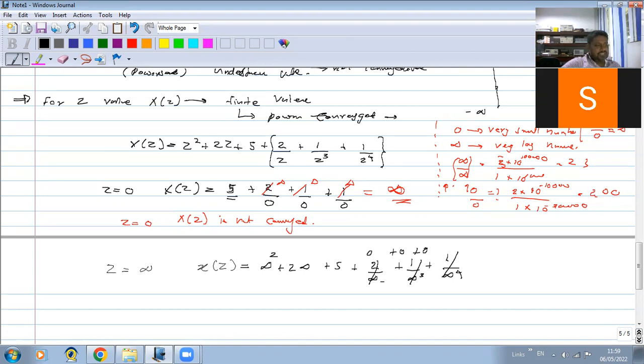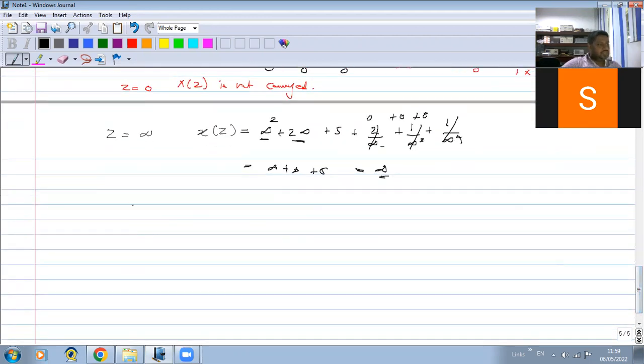But these are infinity, and infinity plus 5 is again infinity. So when z is equal to infinity, X(z) is also not converged.